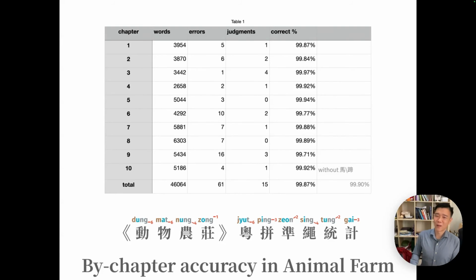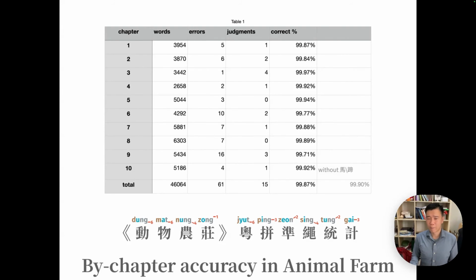But Animal Farm has a lot of horse hoof, Ma Tai. Because it is deterministic, it always makes the same mistake. What that means is we can go and do a quick search and replace, and we get it down to 45 out of 46,000. That's a 99.9% accuracy rate.